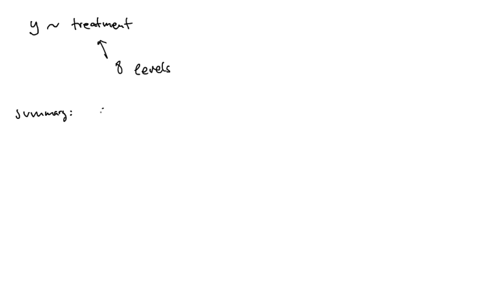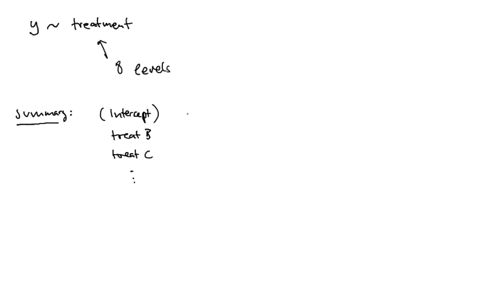The summary table will have an intercept, and then there will be something like treat B, treat C, and so on. Now what does this all mean? It means that in a traditional linear model, if you use the summary command, you're going to get an intercept term, which is that level of the factor that comes first in the alphabet.